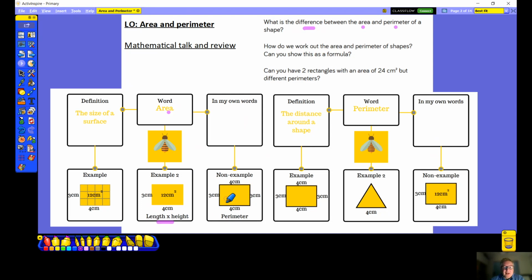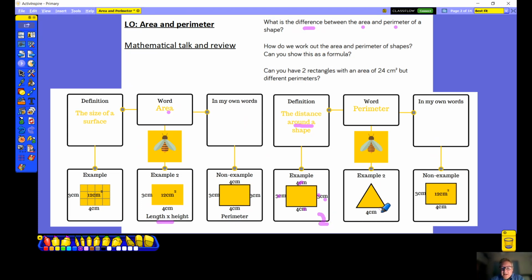This is the non-example because this is perimeter. So if we turn to perimeter, perimeter is the distance around the shape. So rather than looking inside, we're now looking around the outside. We need to add those up. 4, 4, 3, 3, or 4 plus 3 times by 2.